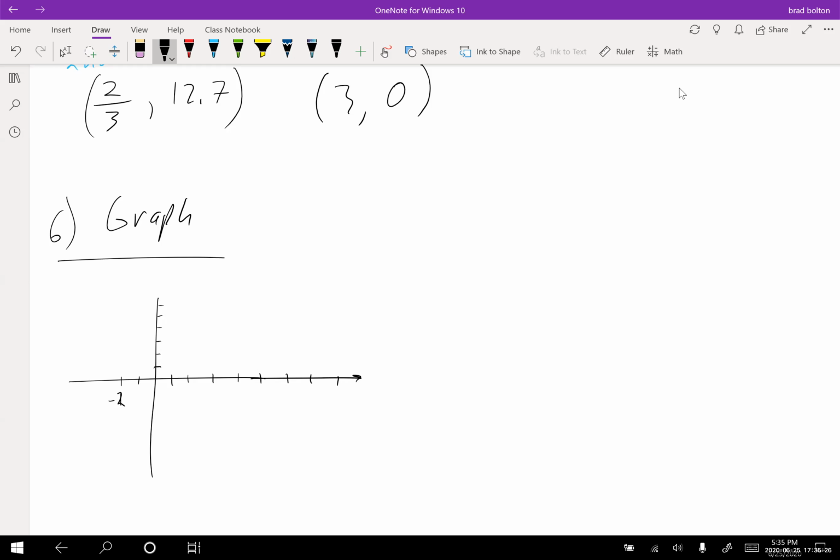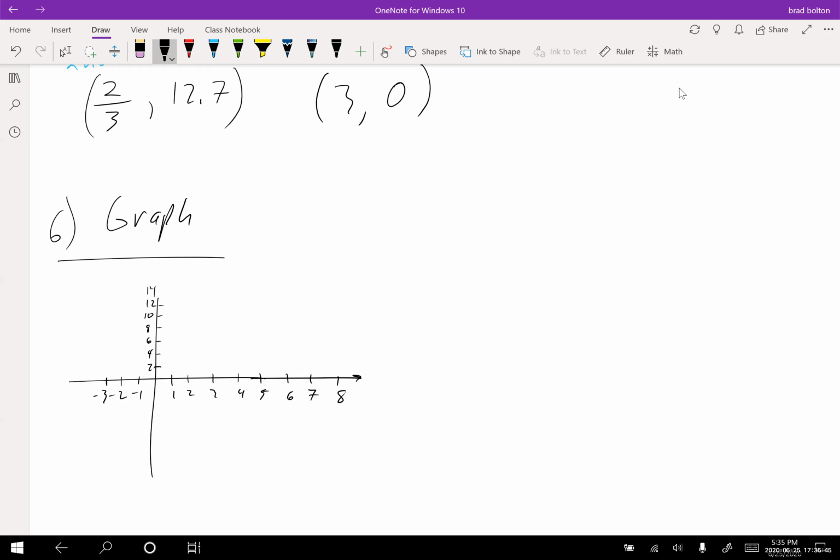So I should make that negative 2, negative 1, negative 2, negative 3, so on. 1, 2, 3, 4, 5, 6, 7, 8, so on. 2, 4. We have to do this one by more. Otherwise, we won't make it.